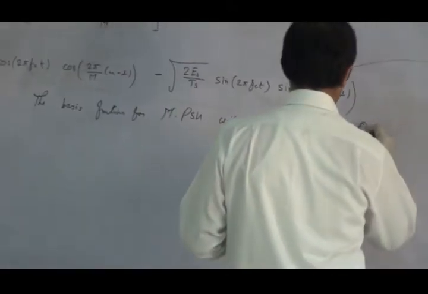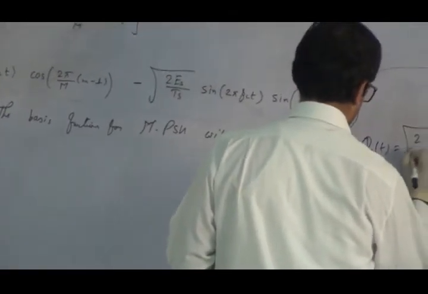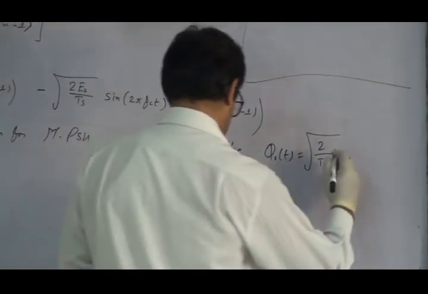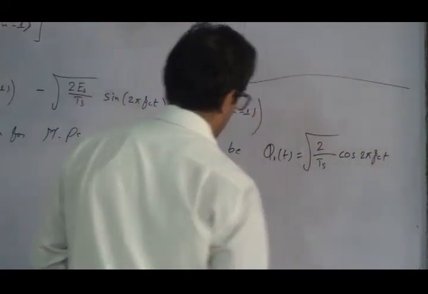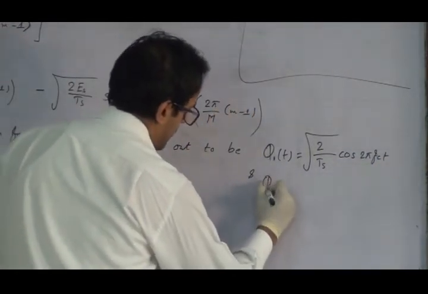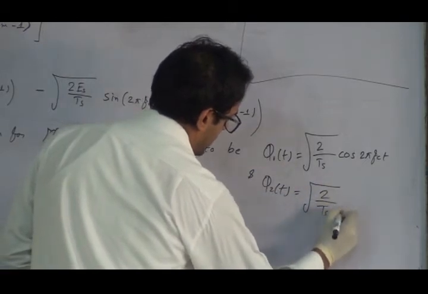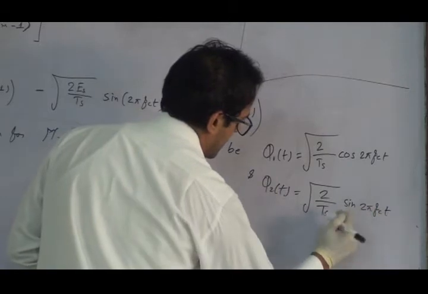phi 1 of t, which is equivalent to square root of 2 over Ts, cos 2 pi fc t, and phi 2 of t, which is square root of 2 over Ts, sine 2 pi fc t.